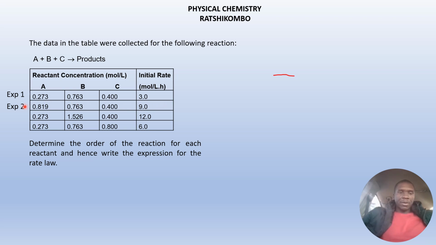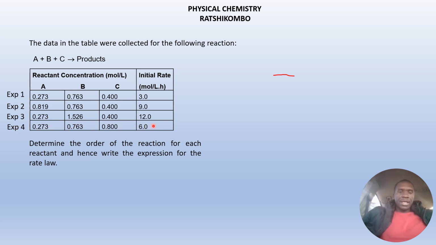And then let's say this one is experiment 3. You don't necessarily have to write this experiment part, I'm just writing it for the purpose of teaching so that you can understand what I'm talking about as we proceed. So let's say this one now is experiment 4.